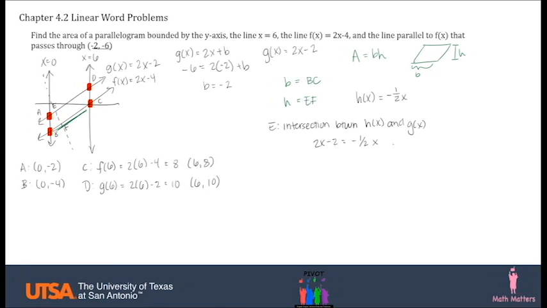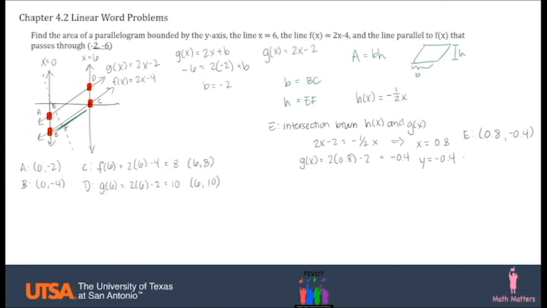And if we solve for x here, we get x equals 0.8. And we can plug this x back into either equation. So if we use g of x, say 2 times 0.8 minus 2, then we end up with -0.4. So our y is -0.4, which means our E is at 0.8, negative 0.4.